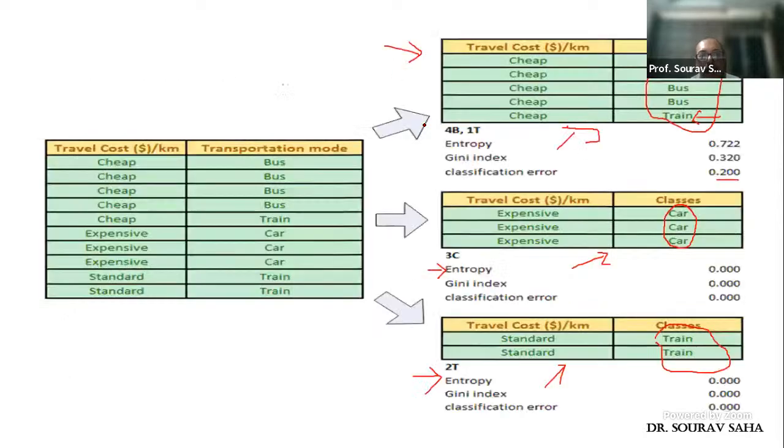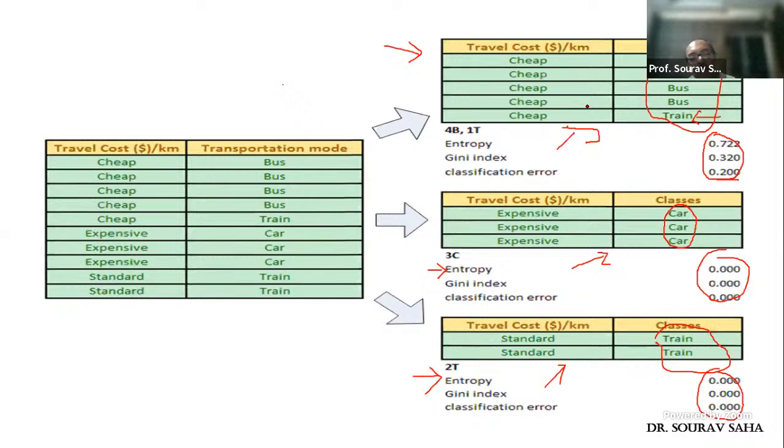And then we had taken this one example where we split by the travel cost. If I split by the travel cost, then for this particular section, the impurity value has become 0. This particular section, the impurity value has become 0. And this particular section has some impurity value, right? This section accounts for 5 of the 10 data points which I had.